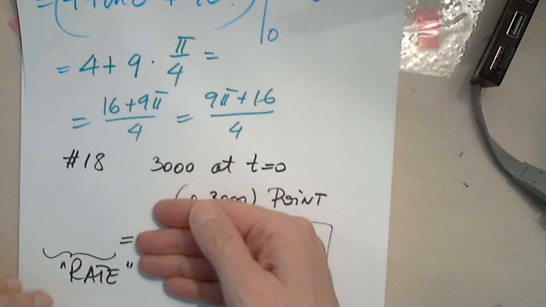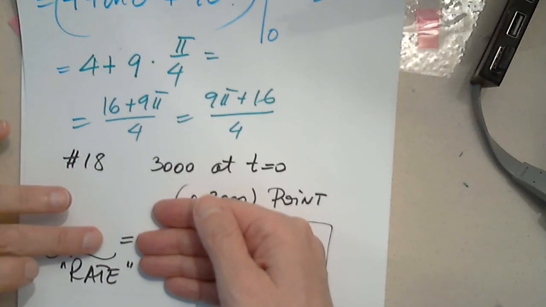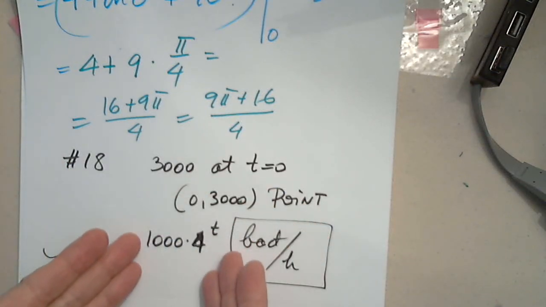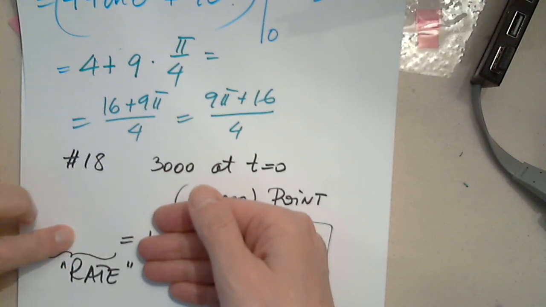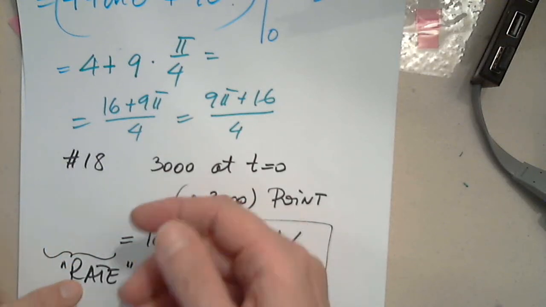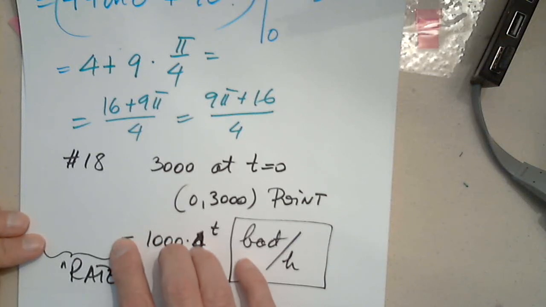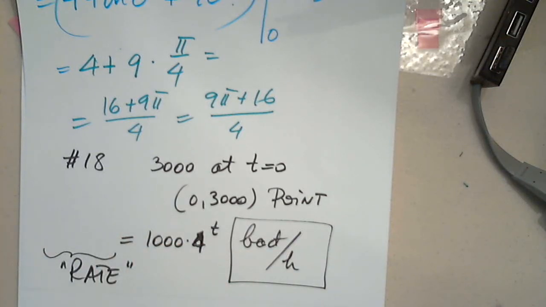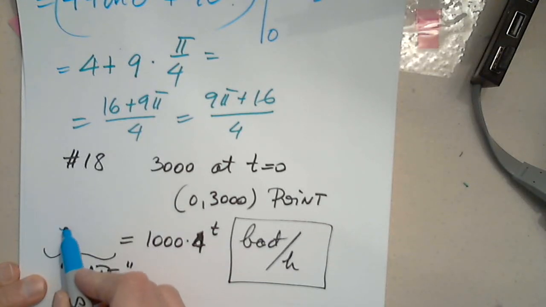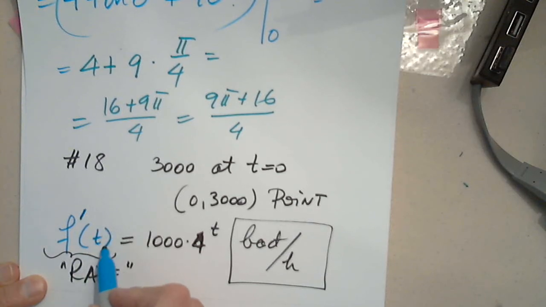So first I have to identify what this is. Obviously it's a function, right? So what is it if it's a rate? And if it's measured in bacteria per hour, what could it be? It must be the derivative.